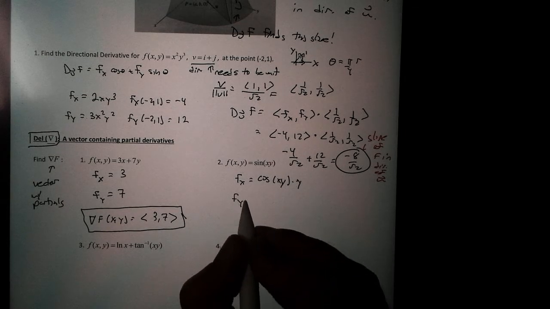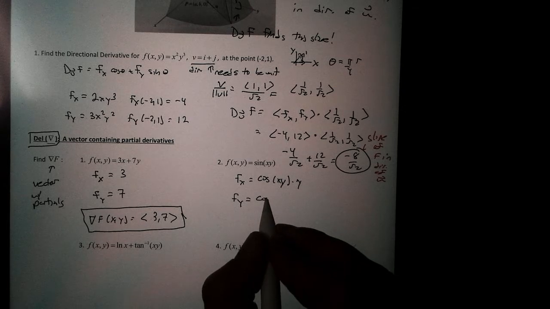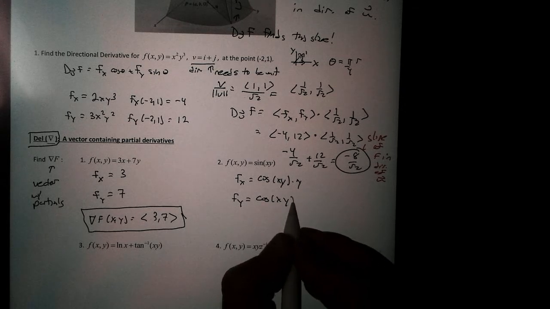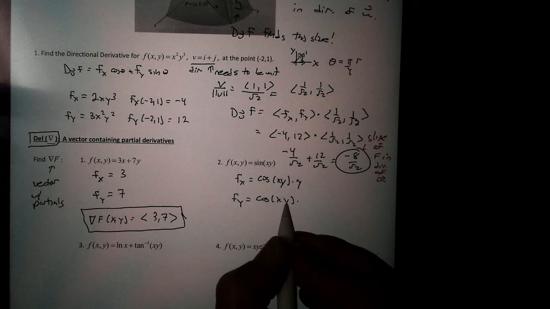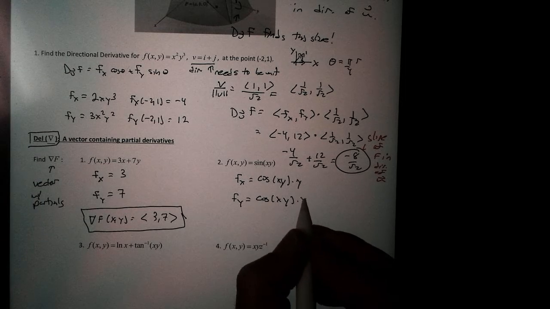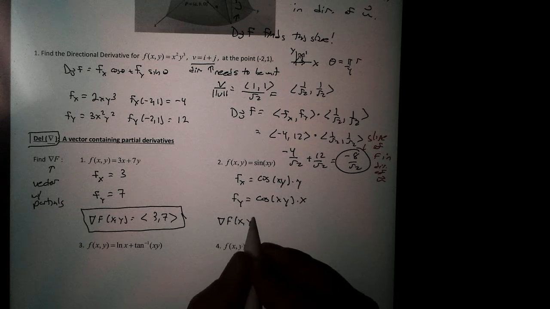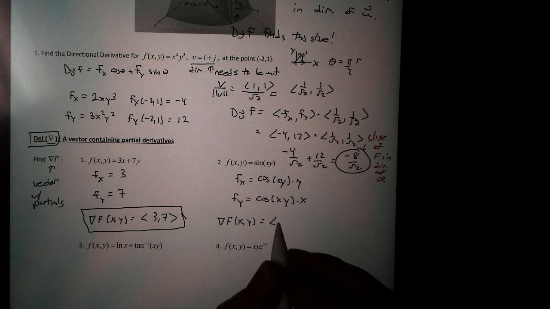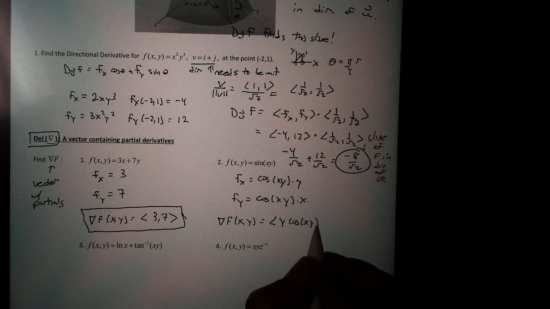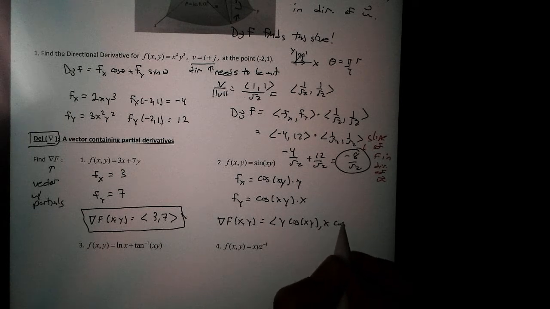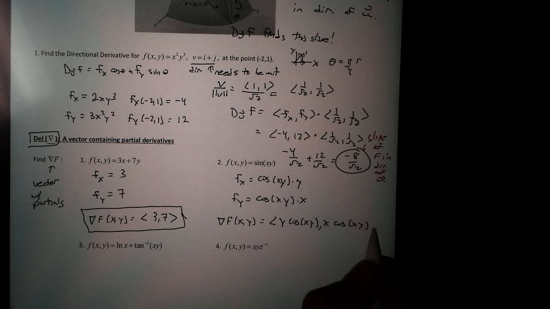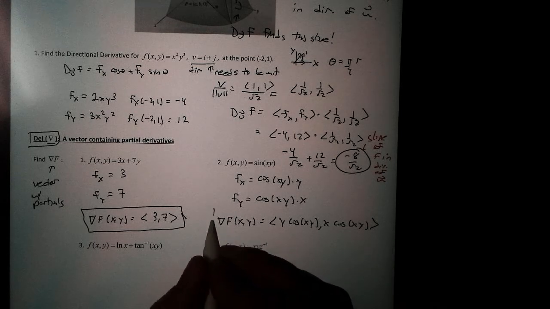The partial with respect to y becomes cosine of xy, but this time the derivative of xy with respect to y is just x. So my del, oh, farmer in the del, is going to become the vector y cosine xy, x cosine xy. So I close it up. And there's our del.